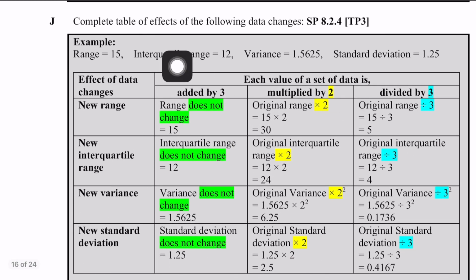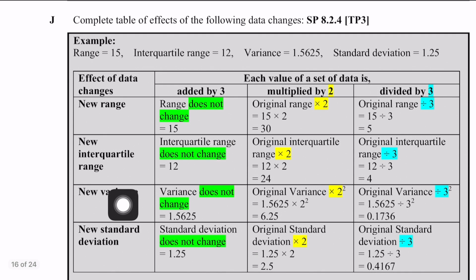Let's look at the example. For example, we have range 15, interquartile range 12, variance 1.5625, and standard deviation is 1.25. Sekarang tengok, what is the new range, new interquartile range, new variance and new standard deviation if the data set is added by 3, multiplied by 2, divided by 3?